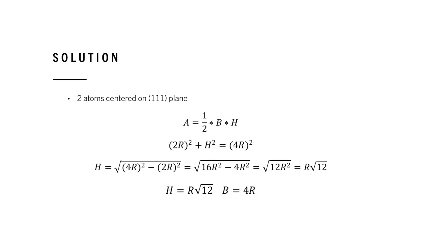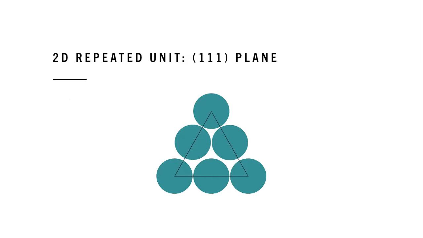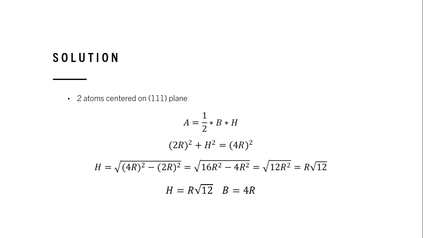So 2r squared plus h squared, which is height, equals 4r squared, which is the hypotenuse in this triangle. So if we perform these calculations, we get that height, or h, equals r square root of 12. And we can conclude that the height is radius times the square root of 12, and base is 4 times radius.